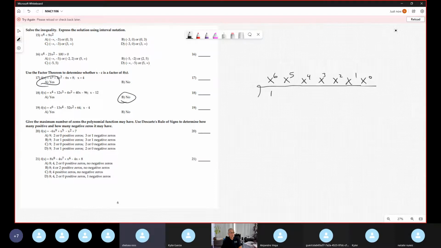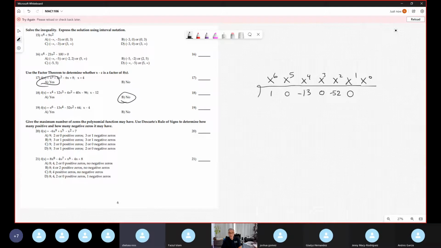We have 1 in x to the 6. We have nothing in x to the 5th, so you put 0. Negative 13, yes. 0 again, x to the 3rd is missing. X to the 2nd power is minus 52. X to the 1st power is missing. The 5, 3, and 1: the odd exponents are missing in this polynomial, okay?